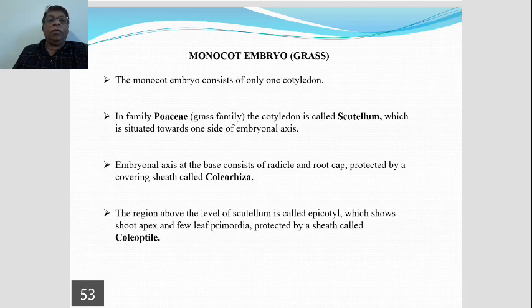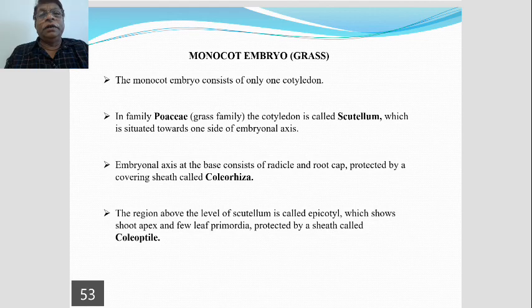The monocot embryo consists of only one cotyledon, or you can say the monocot seed consists of only one cotyledon. Dicots have two cotyledons, whereas monocots have only one.